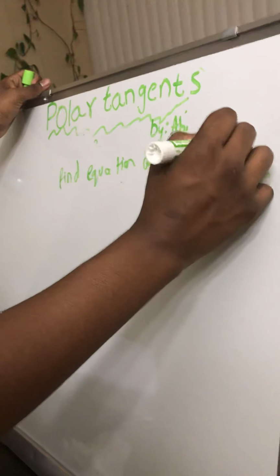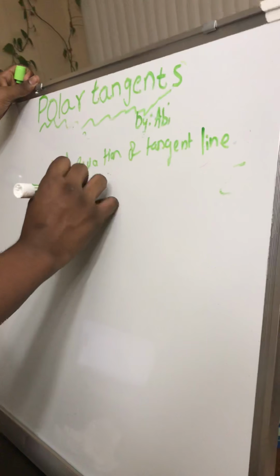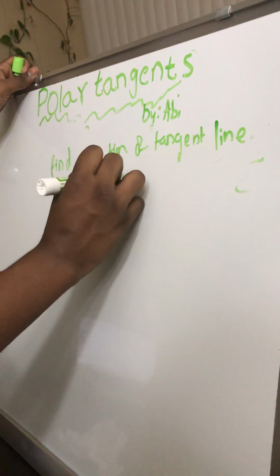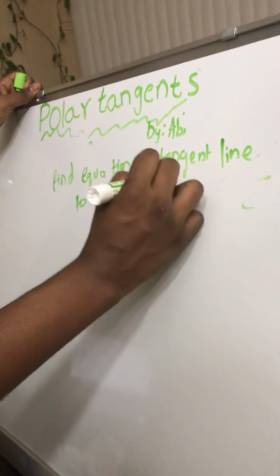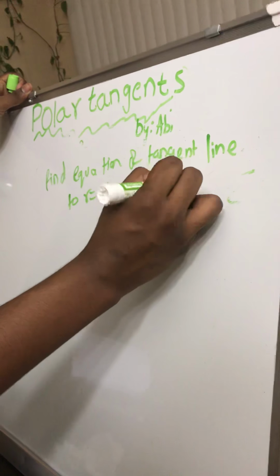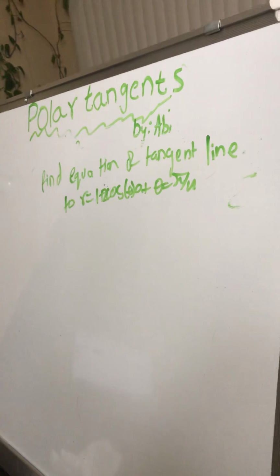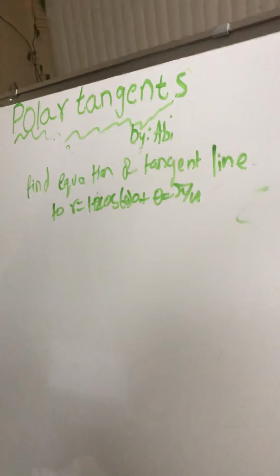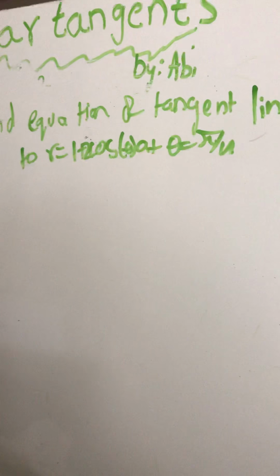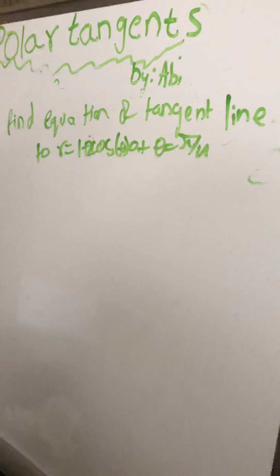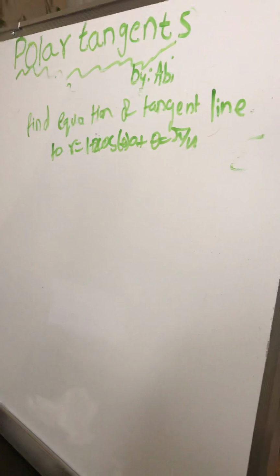Tangent line to r is equal to 1 plus 2 cos theta at theta is equal to pi over 4. Just pause the video right here or do whatever you have to do. And I'm going to display the solution in 5, 4, 3, 2, 1.